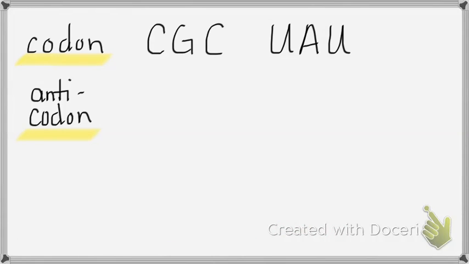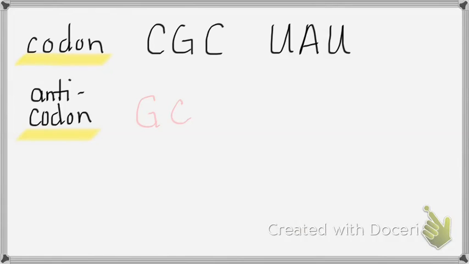So let's practice some more. So I have some codons here. How do you know these are codons? Well, I told you they're codons, but how do you know that's RNA? Because uracil's there. And then I'm asking you to give me the anticodon. So go ahead and go forward. Here's the first codon, CGC. What would be the anticodon?